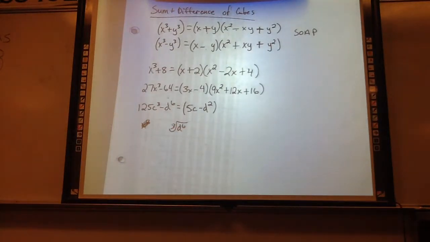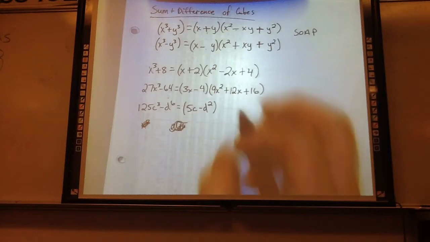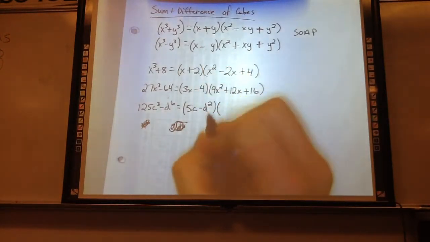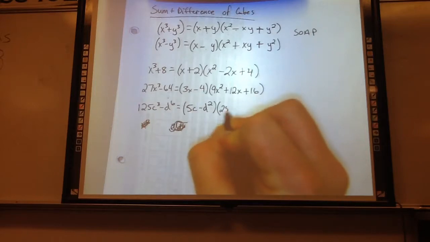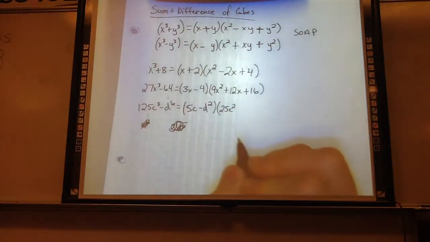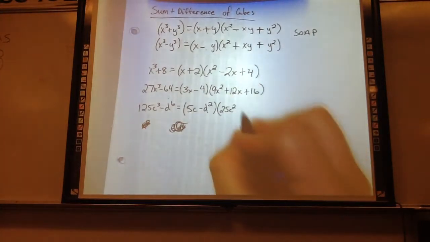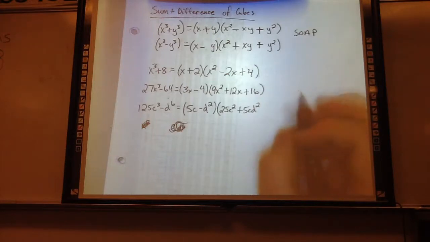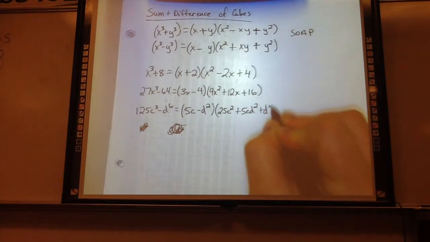In the middle, would it be 5cd? I haven't done it exactly yet. Calm down, Clayton. Square that, so that'd be 5c, 25c squared. Yes. So that's 5cd squared? Plus, multiply them, 5cd squared. Awesome. Plus d, and then plus d to the fourth.